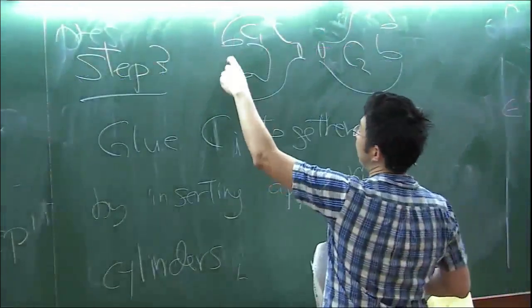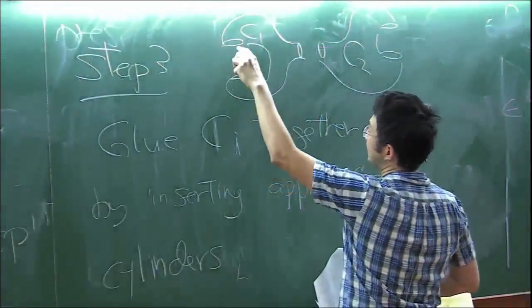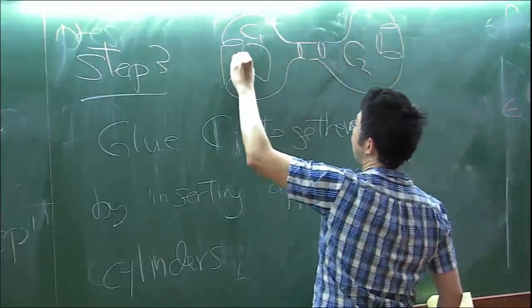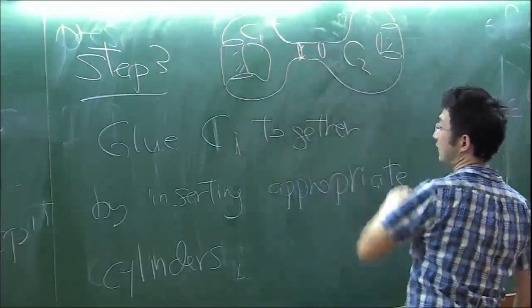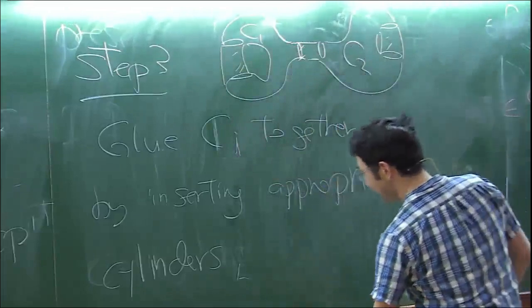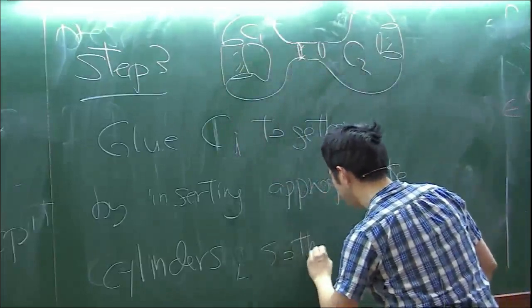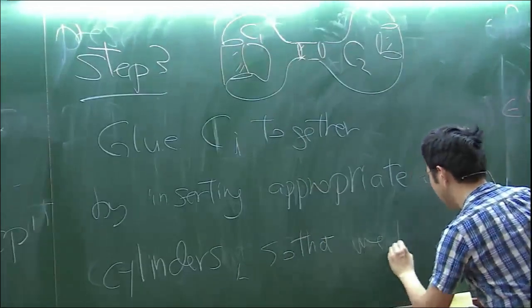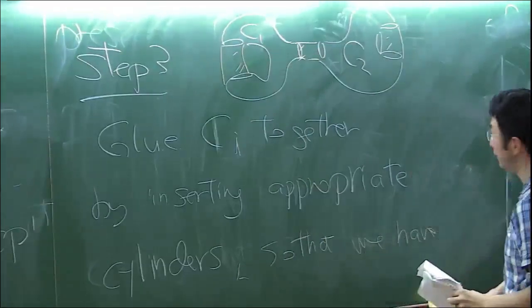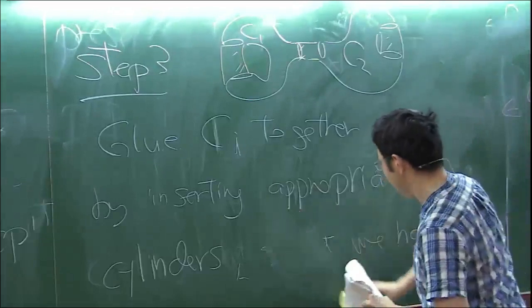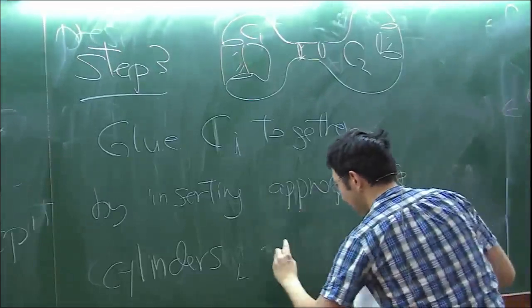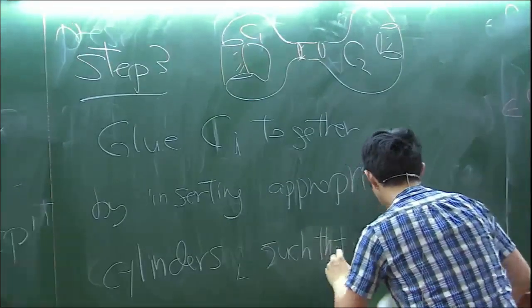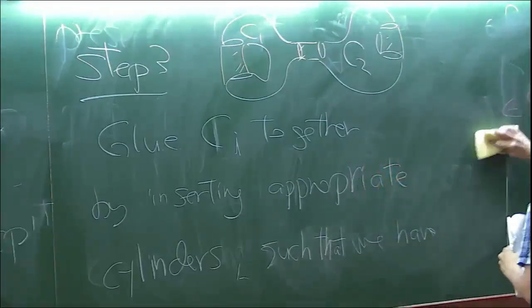And then the boundary shapes might be different. For those reasons, we need to insert appropriate cylinders in between, so that we have the desired CP1 structures.